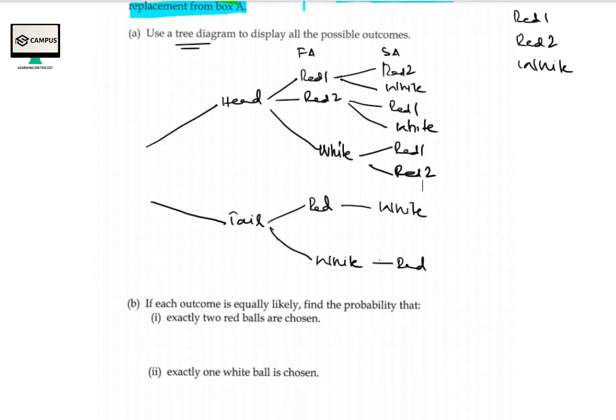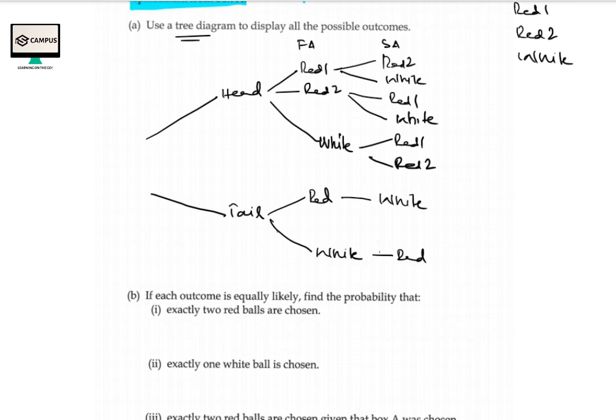Now, based on this tree diagram, we have to answer a number of probabilities. If each outcome is equally likely, meaning the relative frequency of occurrence of each event is equal, find the probability that exactly two red balls are chosen. Going to the tree diagram and finding the branches where two red balls are chosen, we see this is one case, this is another case, and that's pretty much it. So there are two cases out of a total of eight branches where exactly two red balls are chosen.